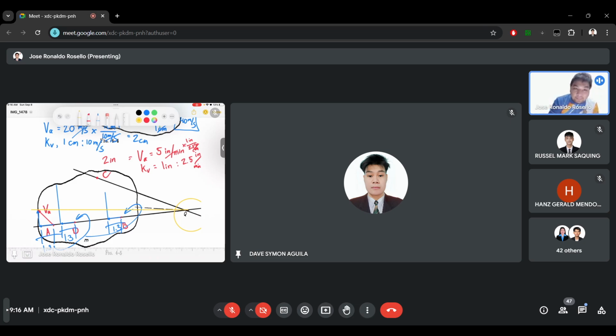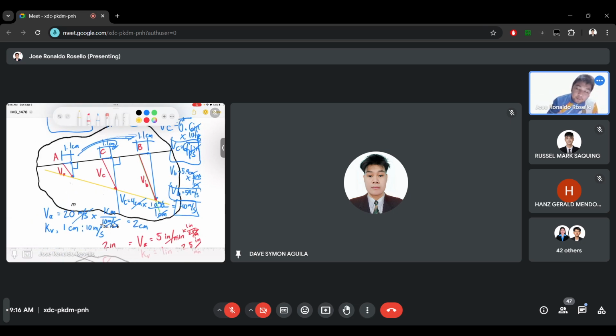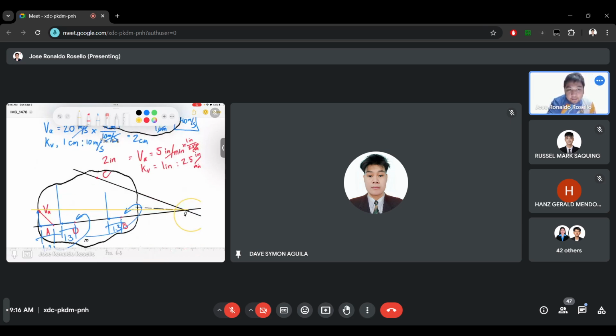Again, the difference in this example with the previous one is that in the previous one, the direction of point B was given, which is going downwards, while this one is given the pivot, not the direction. Now, these intersection points will be the end of the vectors at point D and point B. So let's make a vector originating from point B going to the intersection.